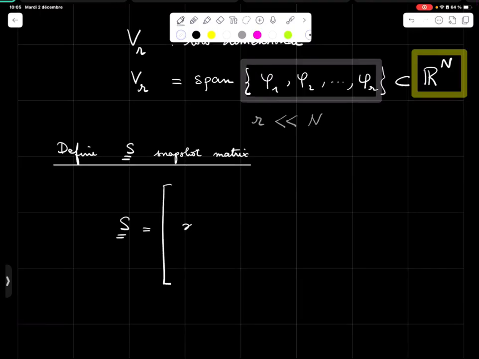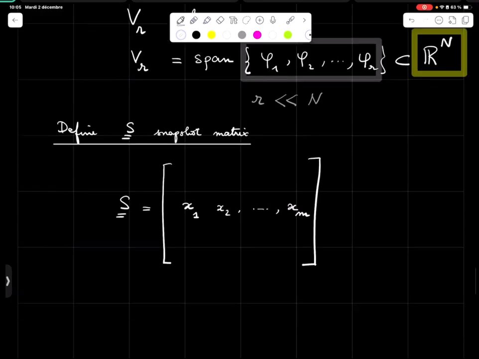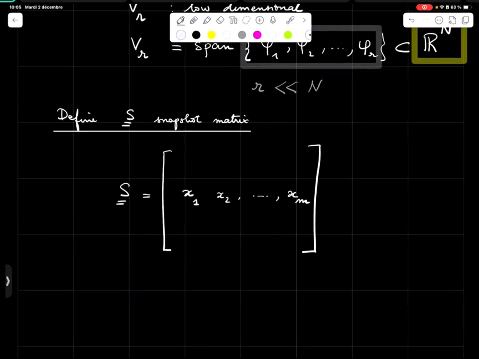So I'm going to put the first, and then the second, until the mth POD mode. Sorry, not POD mode, snapshot. I'm ahead of myself already. And that guy has n rows and m columns.